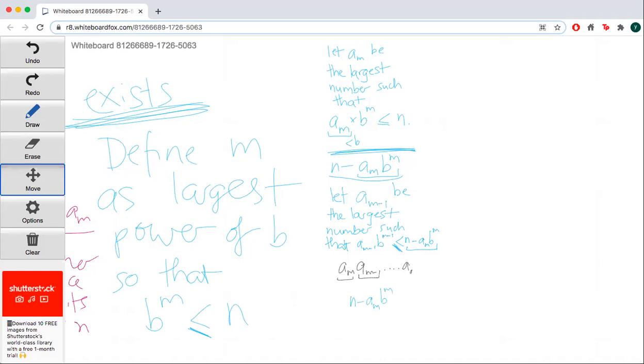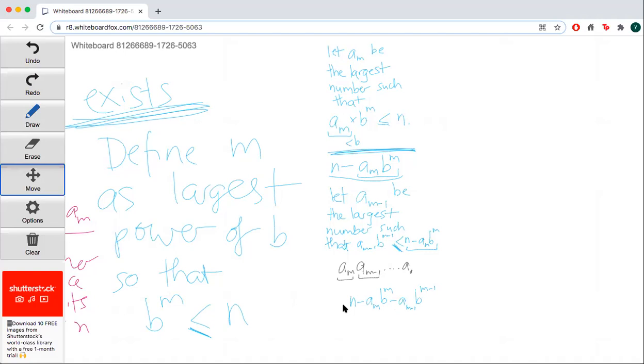We've already found the digit which gives us the lots of b to the m. We've also already looked at the second digit, so we've already seen how many lots of b to the m minus 1 fit in there. That's why I'm subtracting these, because I want to look at what's left.